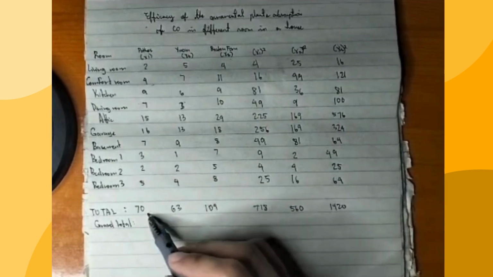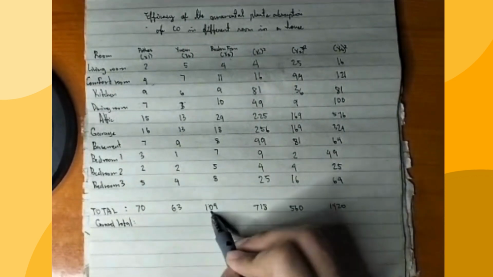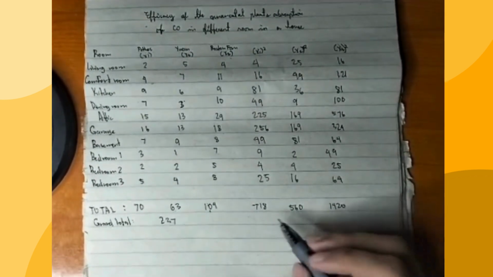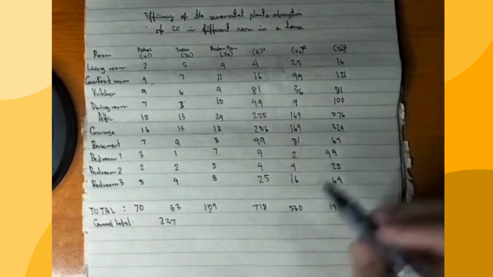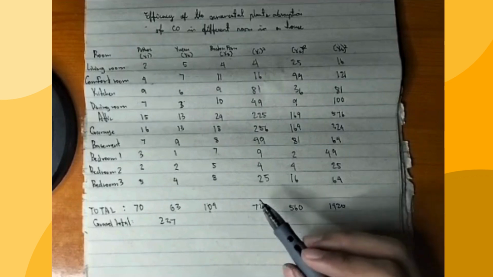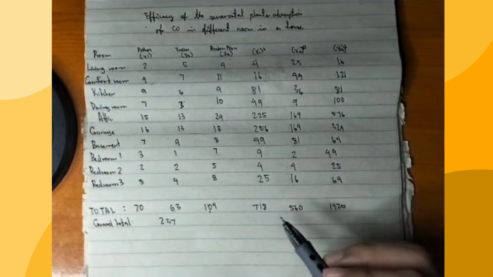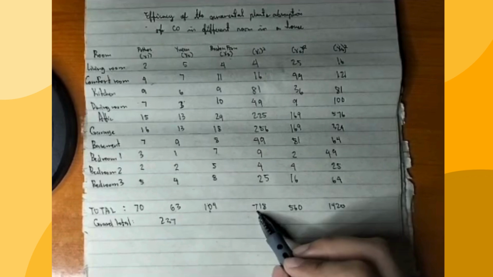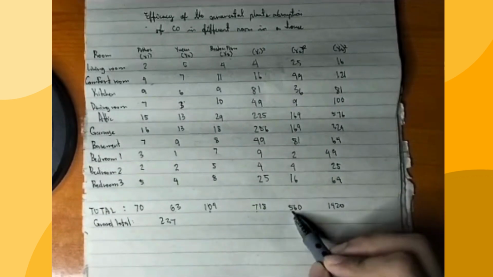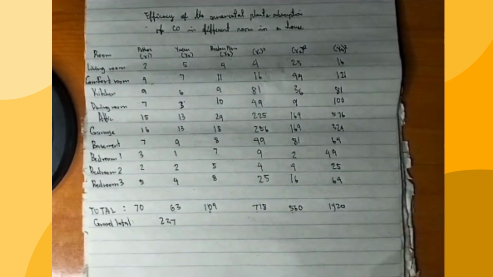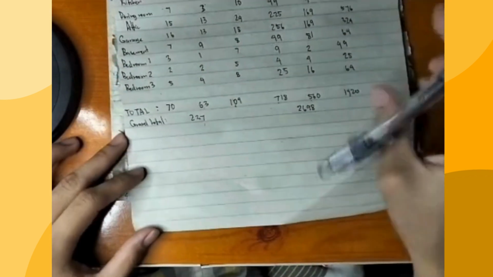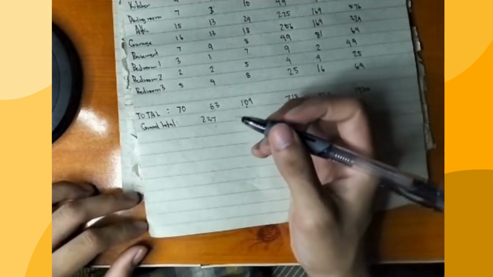So 70 plus 63 plus 104, we got 237. And in the squared values, x1 squared plus x2 squared plus x3 squared, so 718 plus 560 plus 1420, we got 2698.